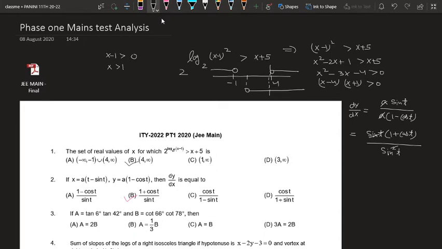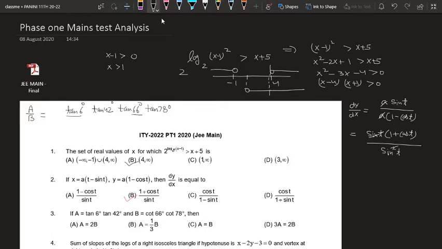So I take a by b. A by B is tan 6 degree tan 42 degree divided by cot 66, that means tan 66 and tan 78 degrees. Now this is 6, this is 66.